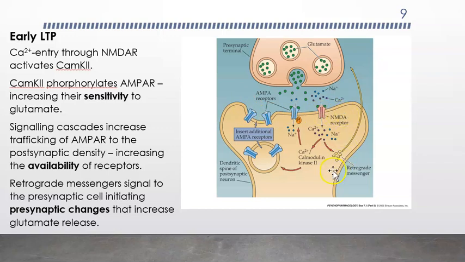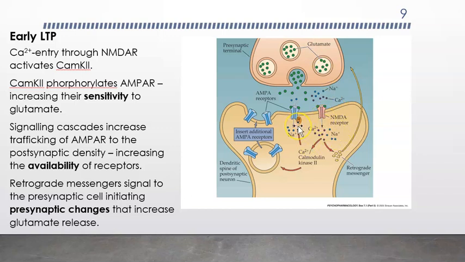We are also going to create some retrograde messengers. And what these do is they actually signal to the presynaptic cell, initiating presynaptic changes that will also release more glutamate. Okay, so the NMDA receptors are huge.